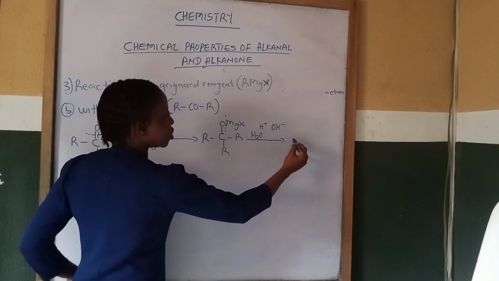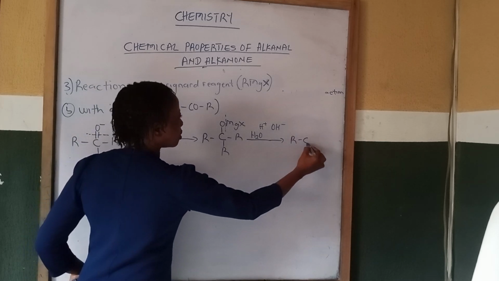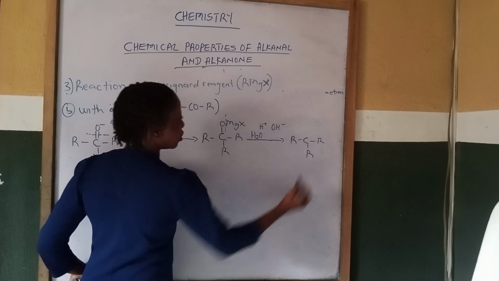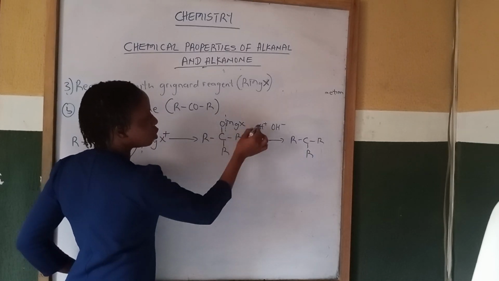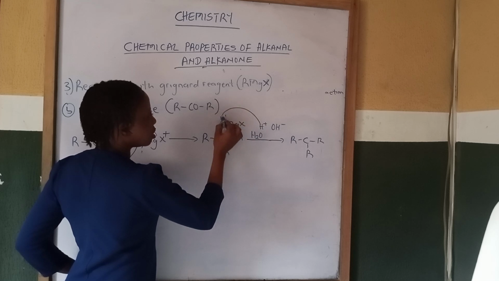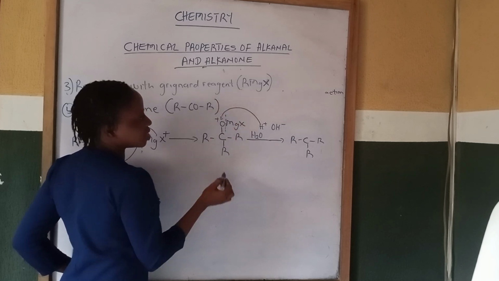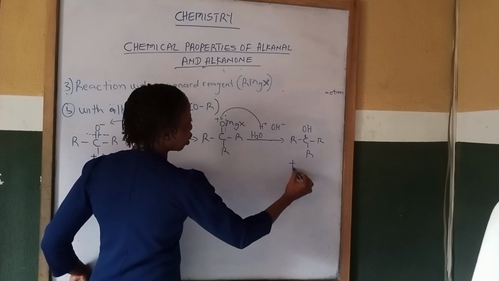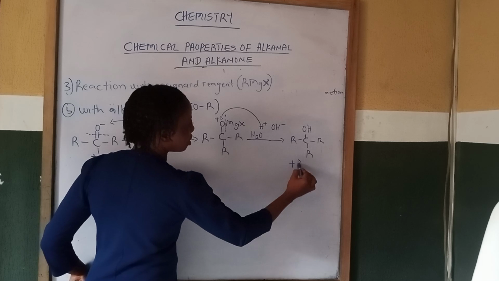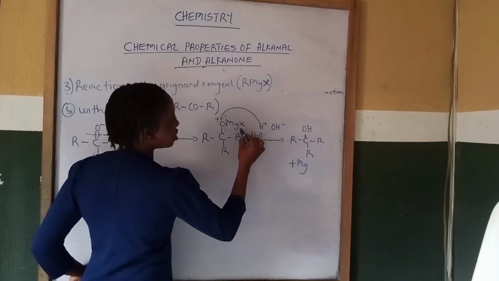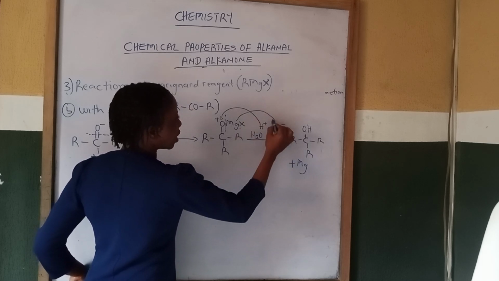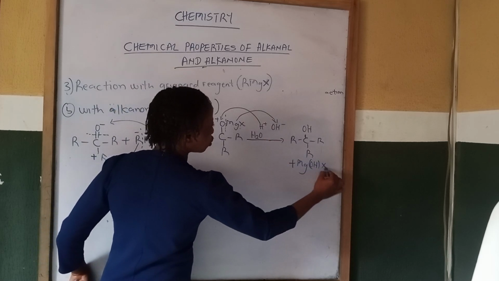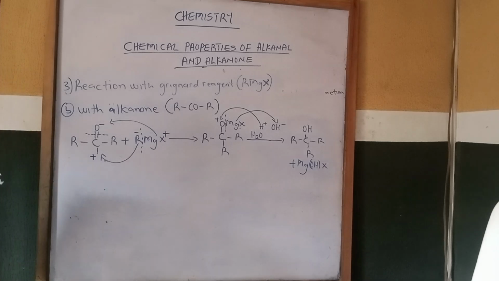So our product will now be R, C, R. Then oxygen, which is negative, will combine with the positive ion to give us OH. Then MgX will combine with the hydroxy group to give us MgOHX.